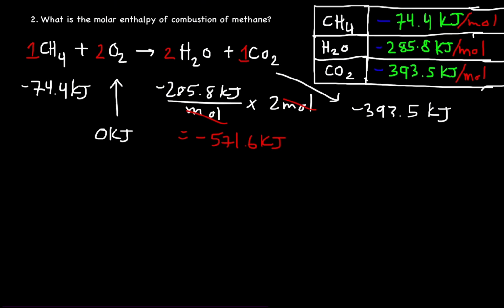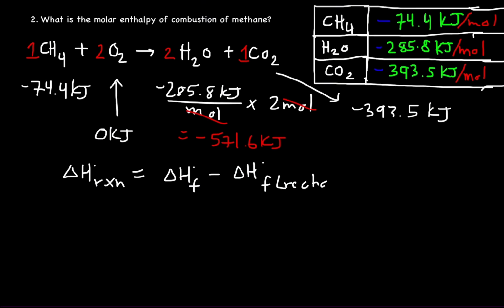And to calculate the enthalpy change of the reaction, ΔH of reaction, it's simply the standard enthalpy of formation of the products minus the standard enthalpy of formation of the reactants. So this is the reactant and this is the product.